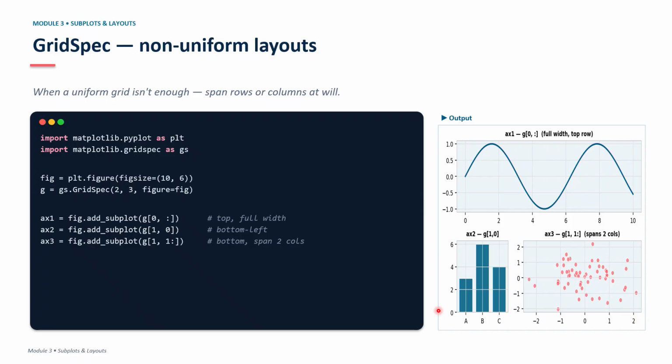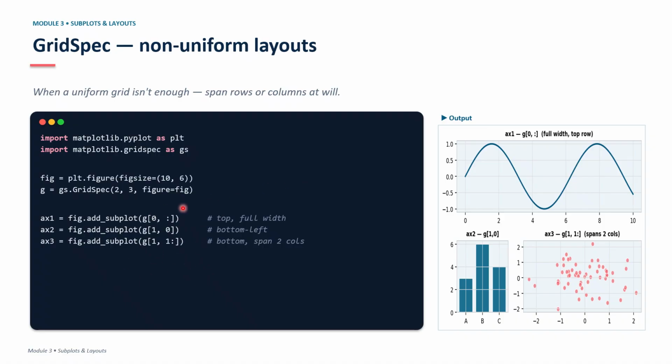So now let us move on with ax1. ax1 is assigned as fig.add_subplot of the grid g of 0 comma colon. So what does it mean? It is a slicing operation, right? The slice g of 0 comma colon means row 0 and all the columns. So this is the syntax of GridSpec, which is so powerful, as it has NumPy slicing.